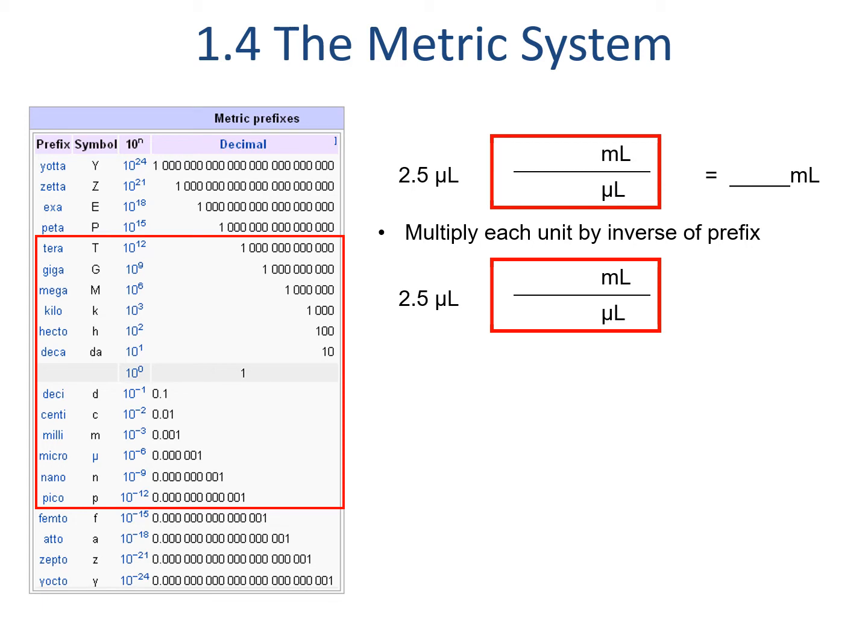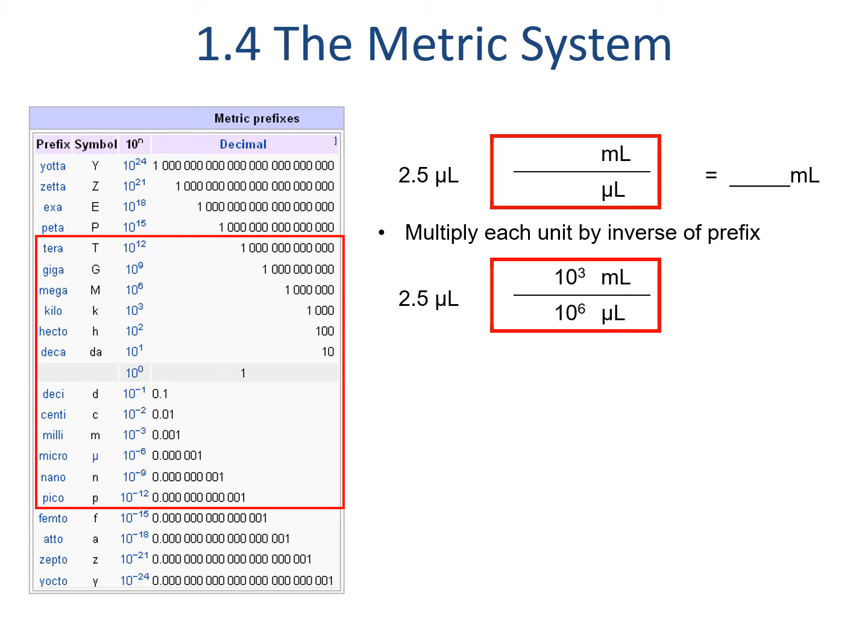For example, the milli prefix, indicated with a lowercase m, has a value of 10 to the negative third. Since milli equals 10 to the negative third, multiplying by 10 to the positive third will give the top section a value of 1 liter. Similarly, multiplying the micro, worth 10 to the negative 6, by 10 to the positive 6 will also give a value of 1 liter.